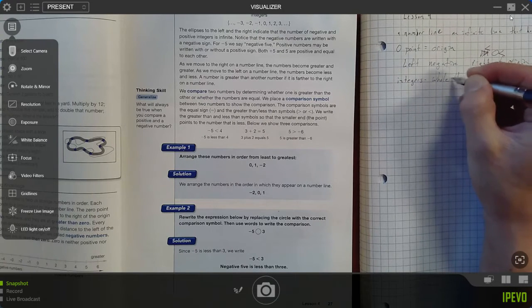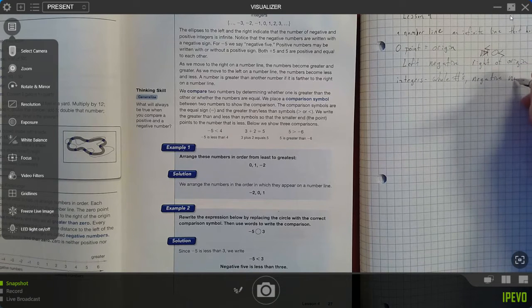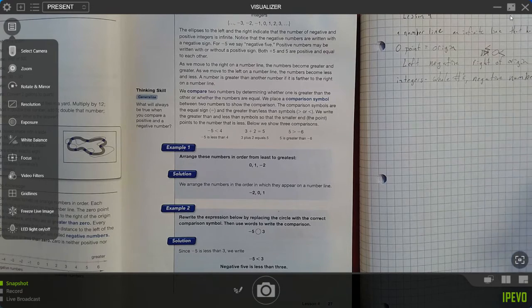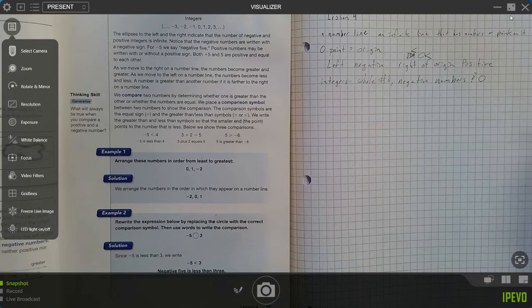Whole numbers, negative numbers, and 0. Anything that's not a decimal is an integer. Okay. It says positive integers are infinite, and negative integers are also infinite.